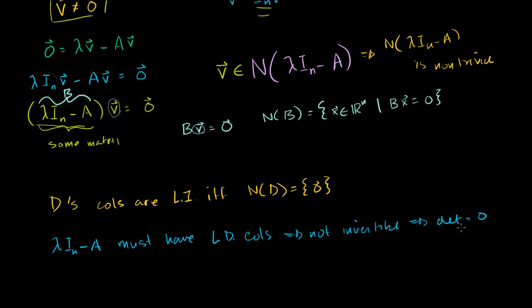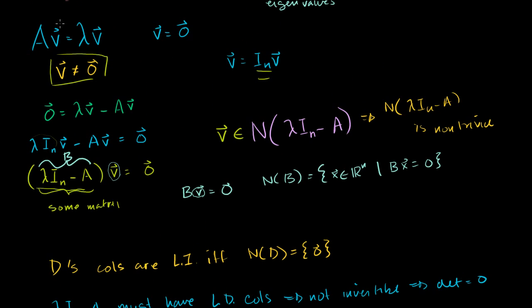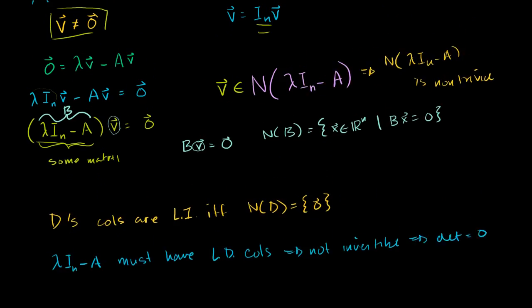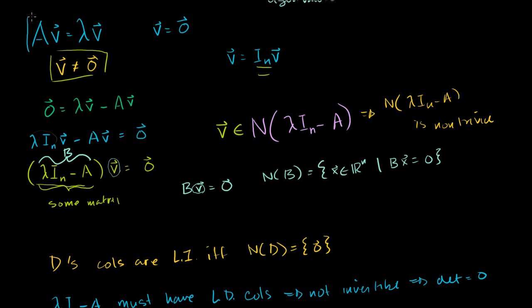If your determinant is equal to 0, then that also means that you have non-trivial members in your null space. And so if your determinant is equal to 0, that means there's some lambdas for which this is true for non-zero vectors v. So if there are some non-zero vectors v that satisfy this equation, then this matrix right here must have a determinant of 0.